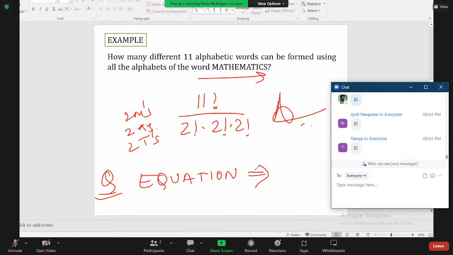Yes, please. What's the answer for this question? No, Bikrant, it will be 8 factorial, not just 8.